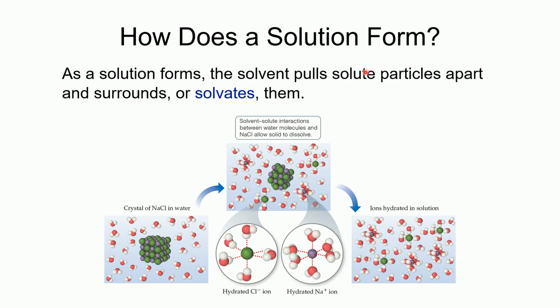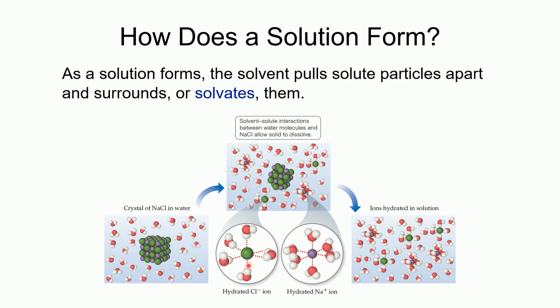We want to look at what's going on when we have, let's say, an ionic compound. Here we've got sodium chloride. Sodium chloride is surrounded by water molecules, and the water molecules start running into the sodium chloride, knocking off some of those ions. When the ions get knocked off, you'll see that they get surrounded by water molecules. That is called a solvated ion.